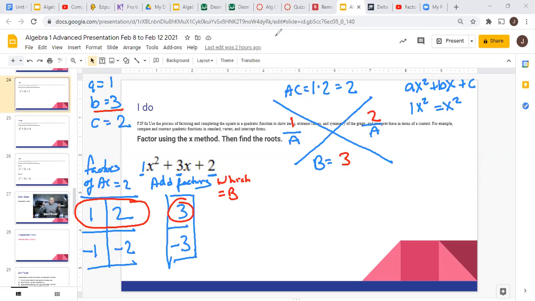Okay, so from this point, we are going to substitute our a, which is 1. So we get 1 divided by 1. And then here we get 2 divided by 1. Okay, so from here, we're going to just put x plus our first thing over here, which is 1 divided by 1.